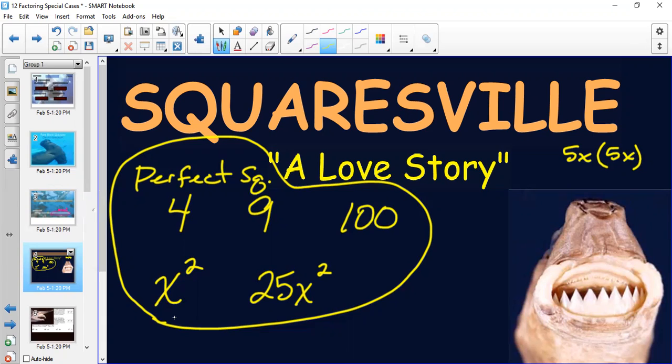Once the bus was filled, off it drove through the special gates into the land of Squaresville. The first stop the bus always made was at Squaresville High School. Here was the perfect place for all the squares to meet and make friends. And as happens in all high schools, as soon as the squares got together, love blossomed, and A squared met B squared, and it was love at first sight.